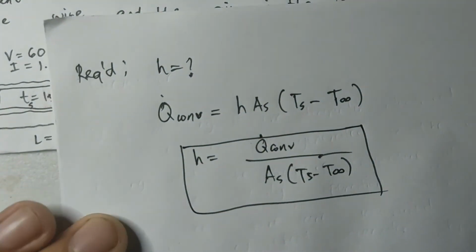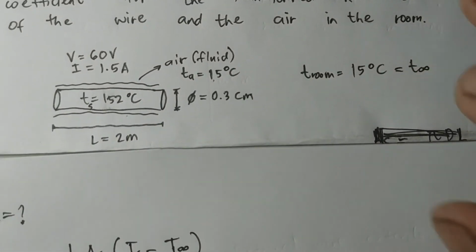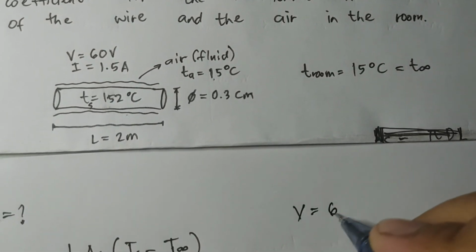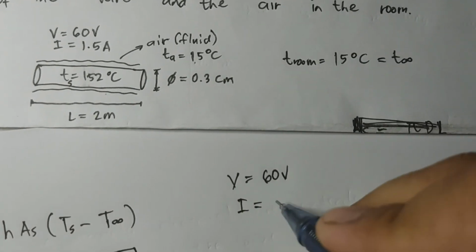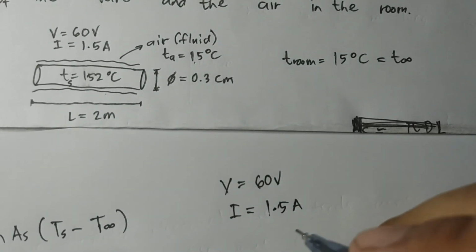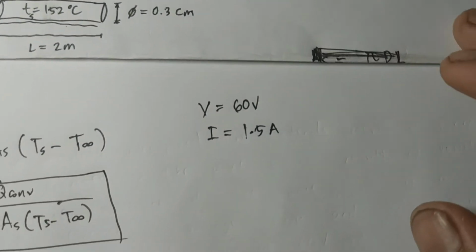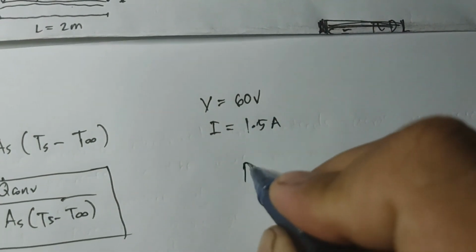Ngayon, may binigay na voltahe na 60 volts. May binigay na amperahe or current na 1.5 amperes. Kung ating babalikan ang ating basic electrical engineering, matatandaan natin yung formula ng power, di ba?